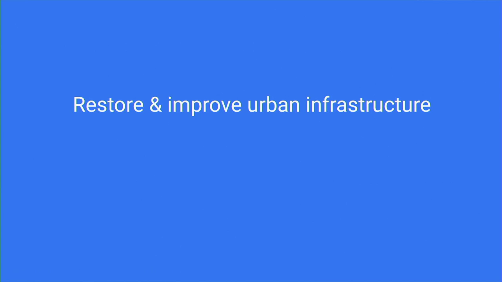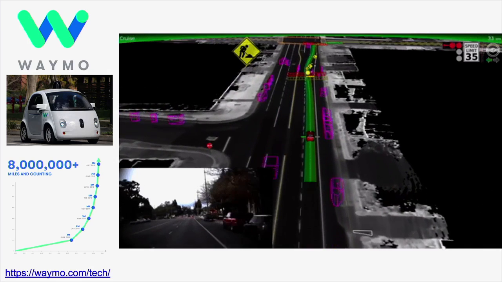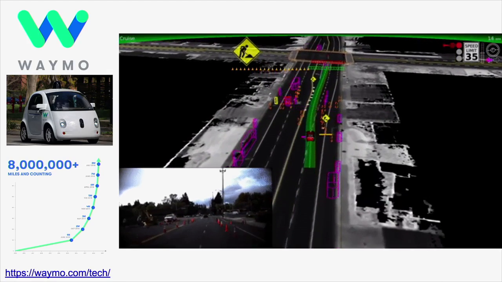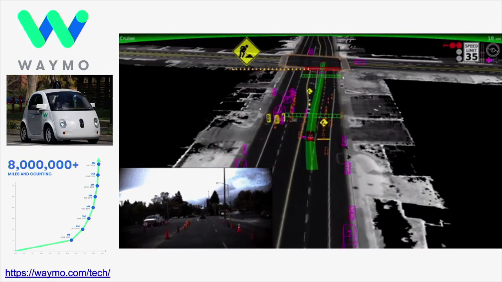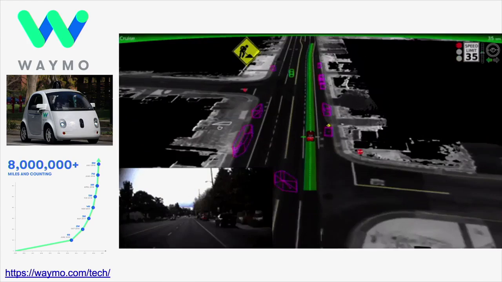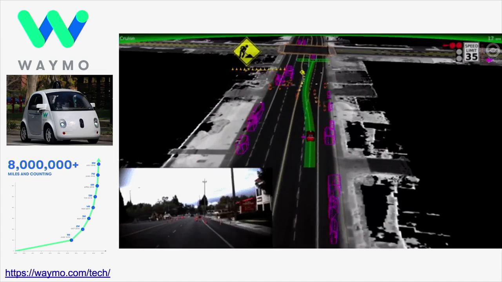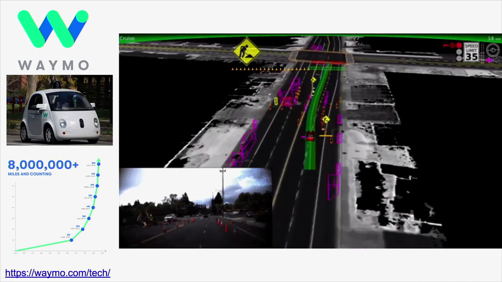Okay, so one of them was restore and improve urban infrastructure. And we're actually on the cusp of a pretty exciting change in how we transport people around the world, which is the deployment of self-driving cars. You've been hearing about these for quite some time, but a self-driving car fundamentally is trying to understand the world around it through fairly raw sensor data.